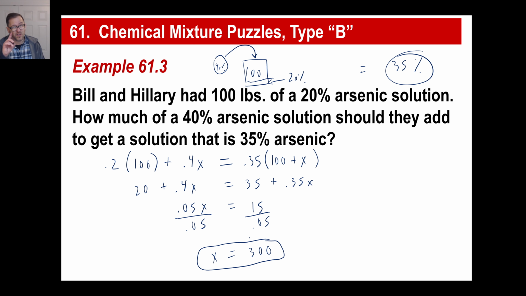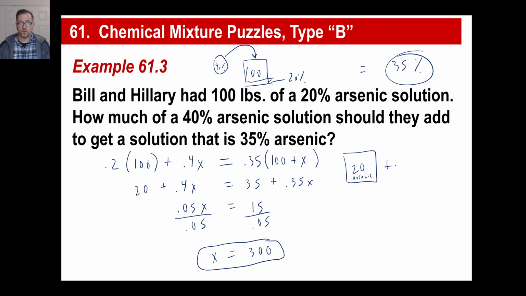My question, really very quickly, 30 seconds, we can prove that we're right. If you have a big bag, 100 pounds of arsenic solution at 20%, that means there are 20 pounds of arsenic in it.